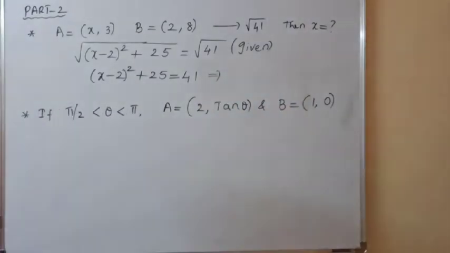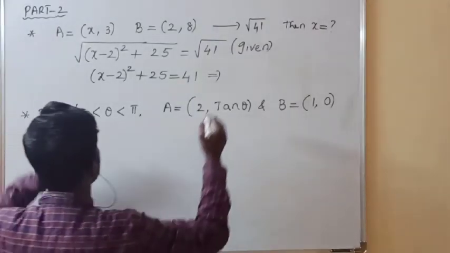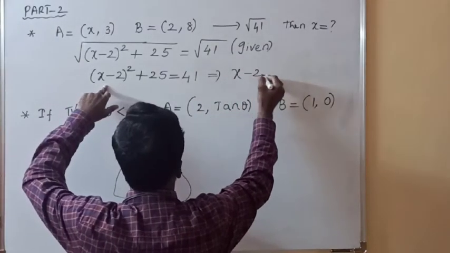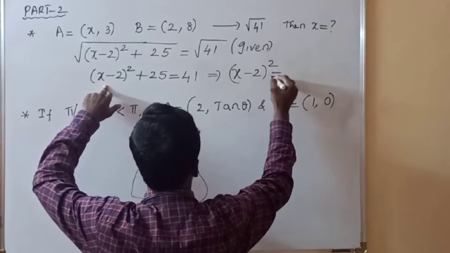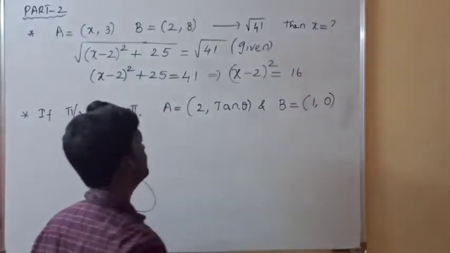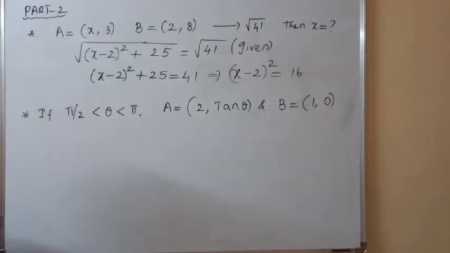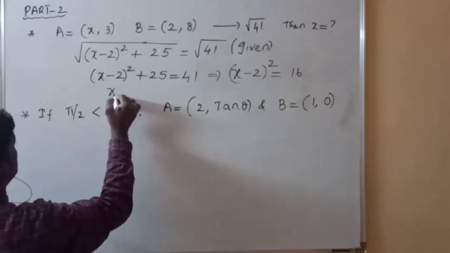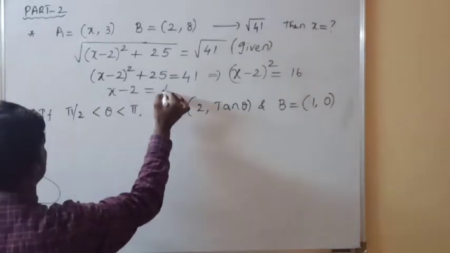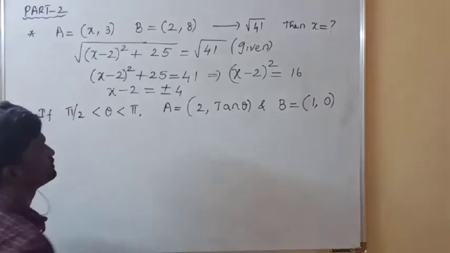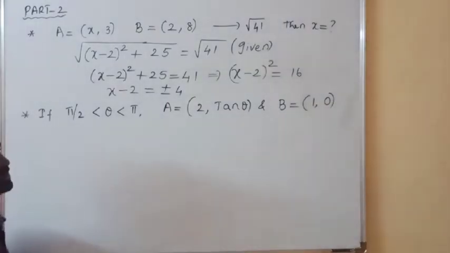So 41 minus 25 is how much? 16. So (x minus 2) whole square is equal to 16. Then x minus 2 is plus or minus 4.